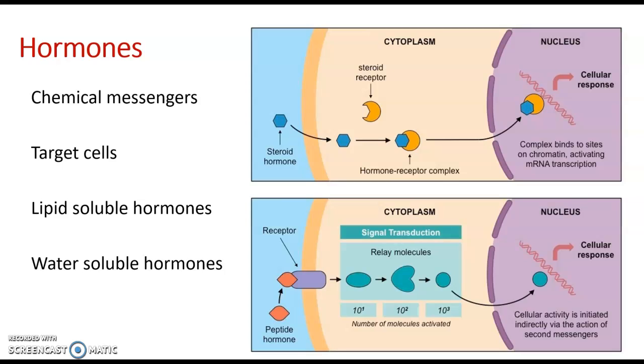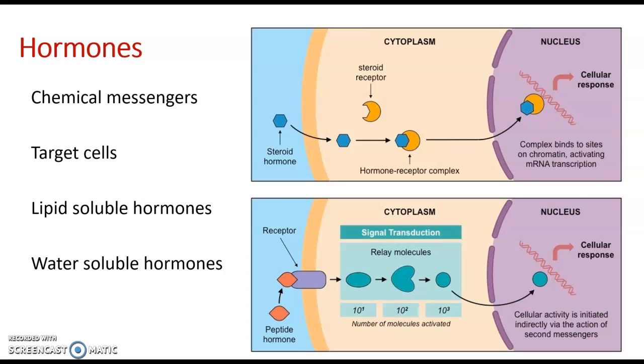So only cells that are target cells of a given hormone can be affected by that hormone. All of the other cells that are not target cells for that hormone will be unaffected and not even know that it's there. It does that by having a receptor complex, a protein that acts to receive that hormone and tells the cell you are going to now be affected by that hormone.